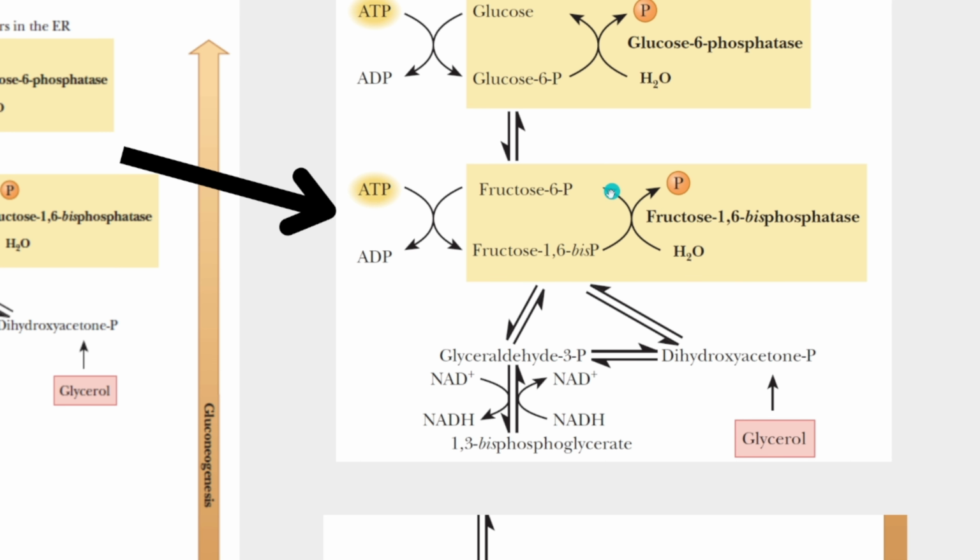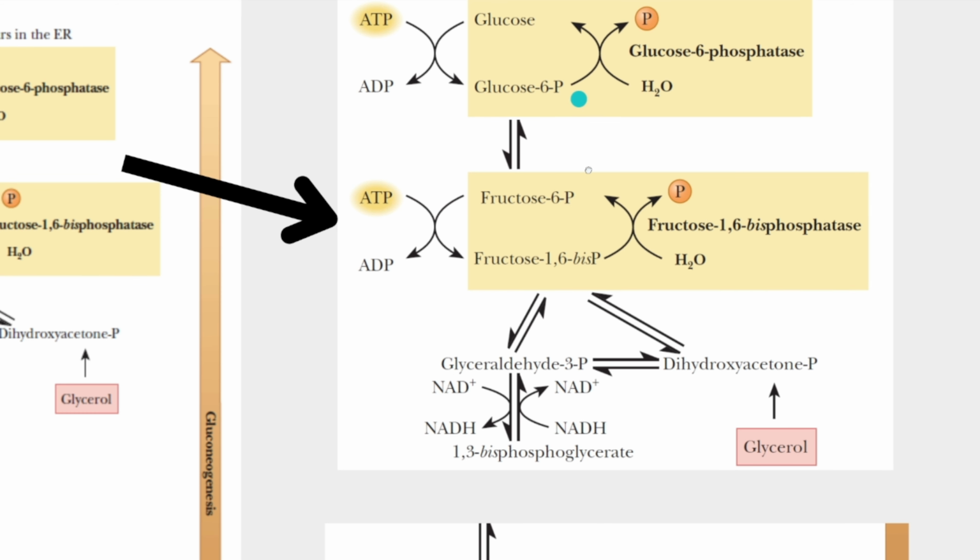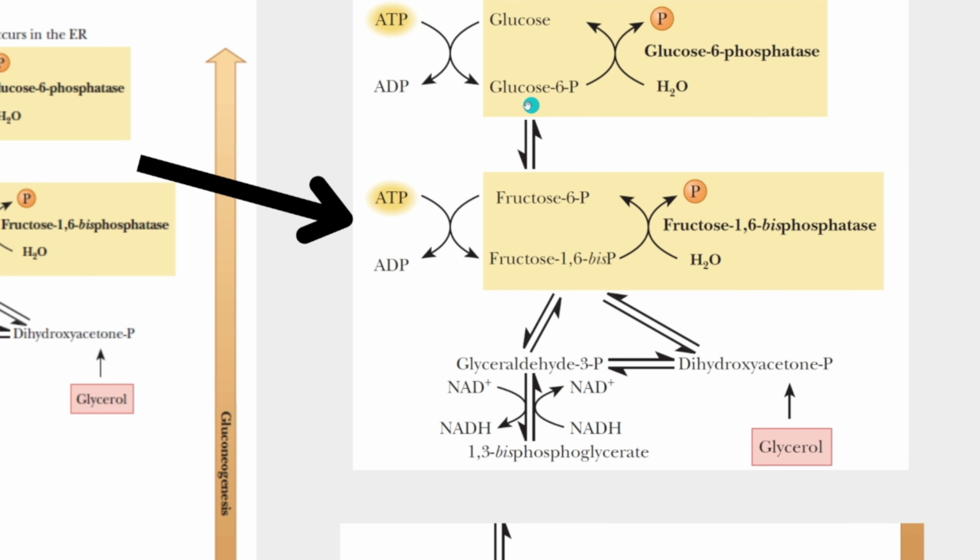This process is a dephosphorylation and also a hydrolysis process because it requires a water molecule. So it will form back fructose 6-phosphate, and then the final reaction of gluconeogenesis is glucose 6-phosphate being dephosphorylated into glucose by glucose 6-phosphatase. It also requires a water molecule.